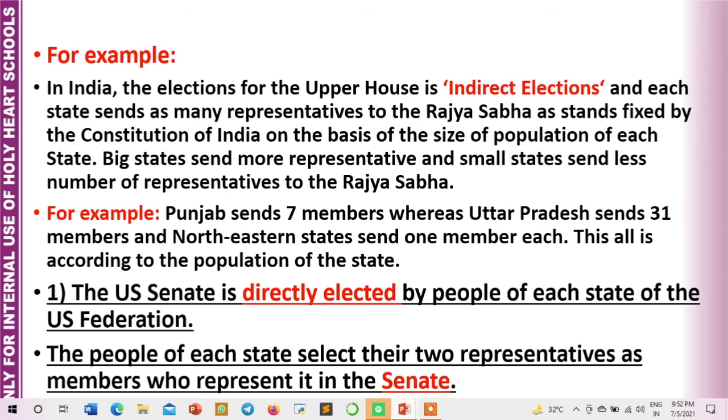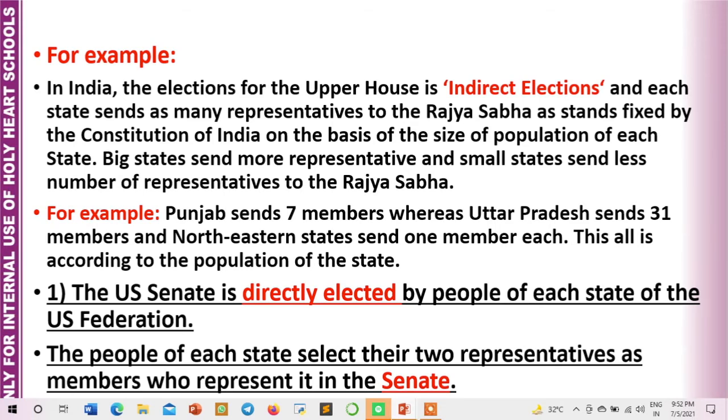I can tell you through an example, like Punjab sends only 7 members, whereas UP sends 31 members, and northeastern states send only one member each state. This all is according to the population of the state. But the US Senate is directly elected by the people of each state of the US Federation, and the people of each state select their two representatives as the members who represent it in the Senate.